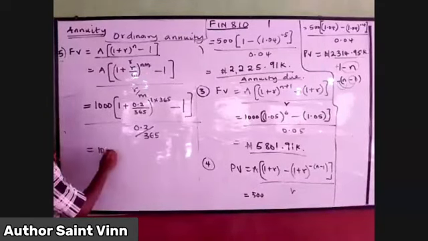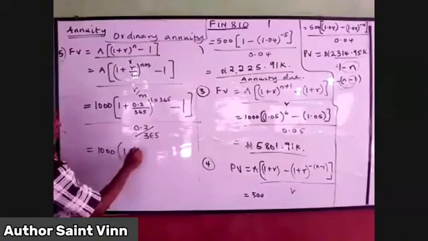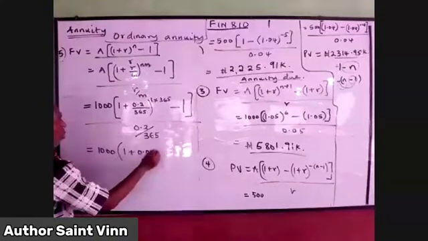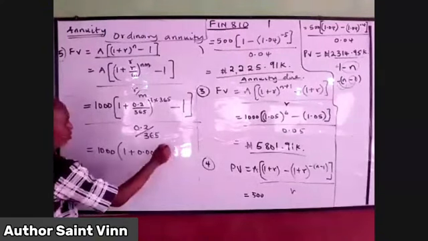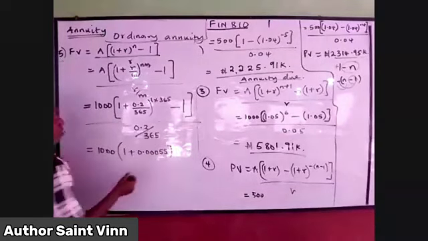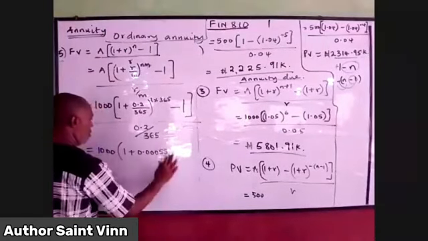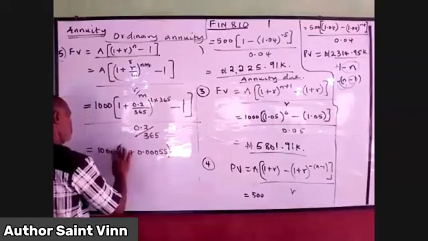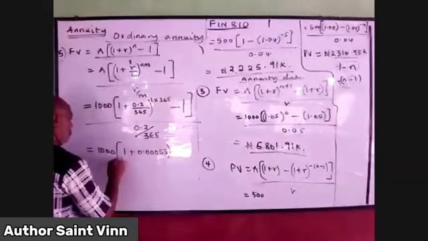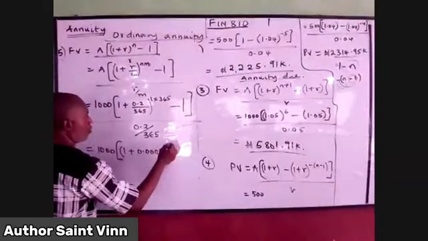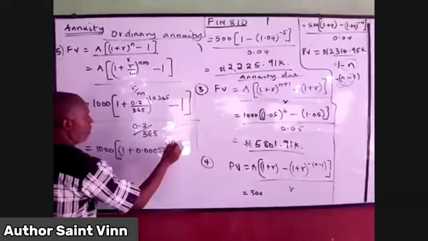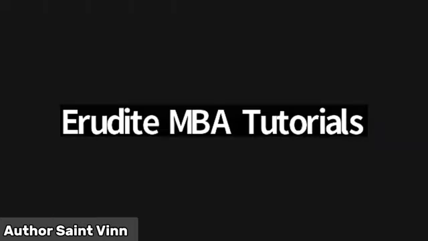It's 1,000 into 1 plus 0.2 over 365, raised to power 365, minus 1, all over 0. This is my own approximation rate.